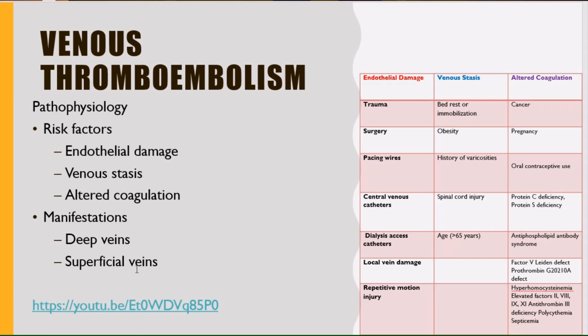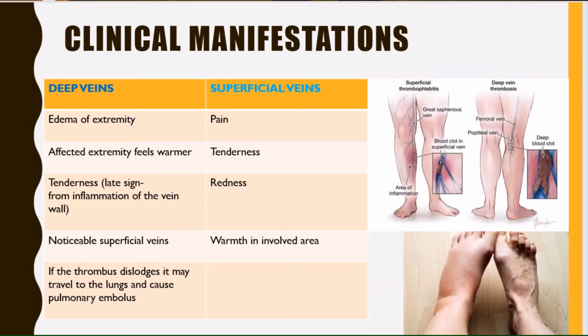So VTE or venous thromboembolism can happen in deep veins and superficial veins. There's a YouTube video you can watch. Then the clinical manifestations, or signs and symptoms, when it happens in the deep veins. There will be edema of the extremity. You can see there's a blood clot there, so you can see edema of that extremity.